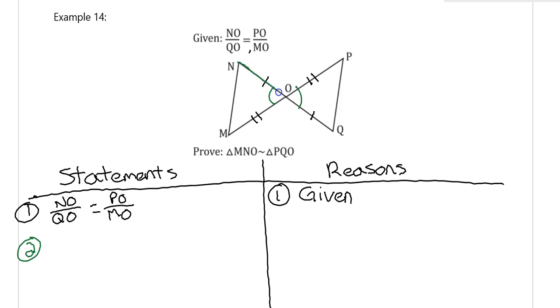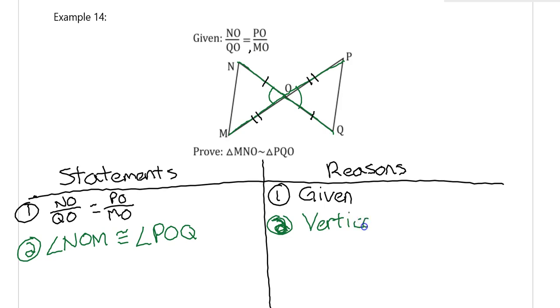So I have angle NOM congruent to angle POQ. Why are those angles congruent? Those are congruent because of vertical angles.